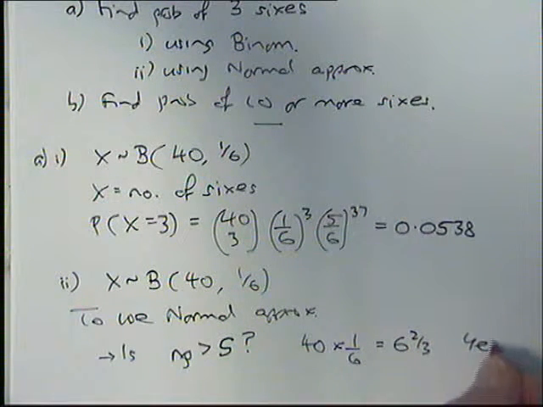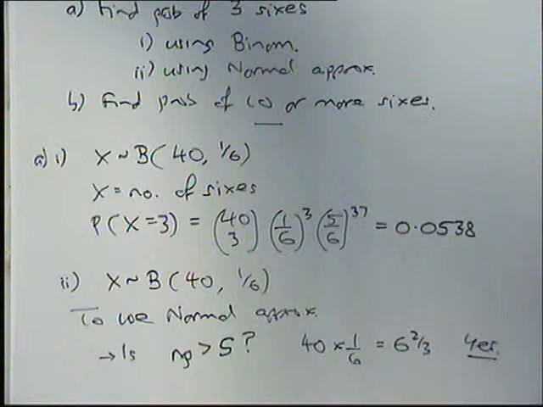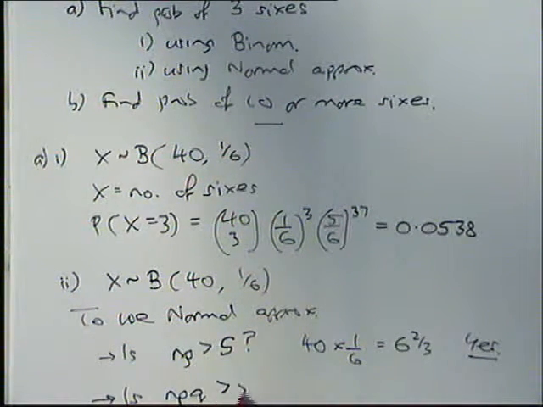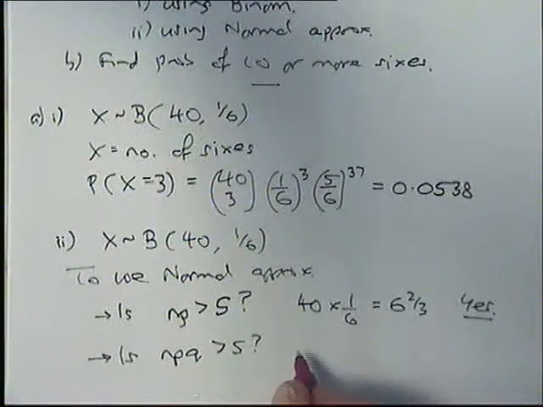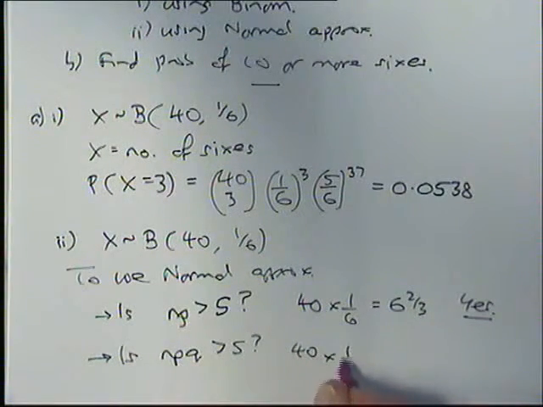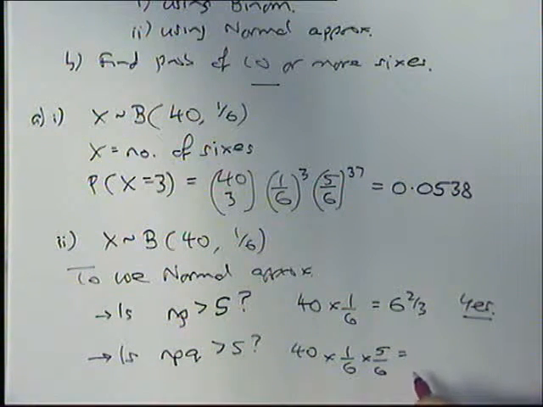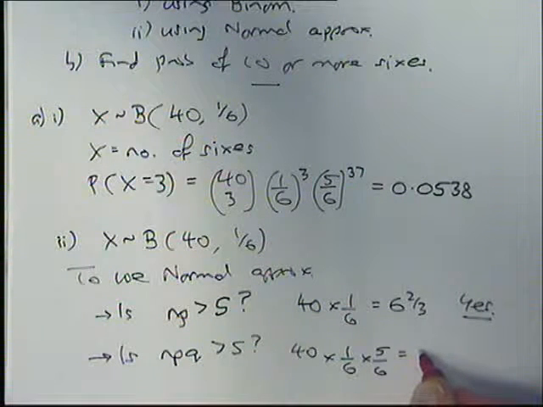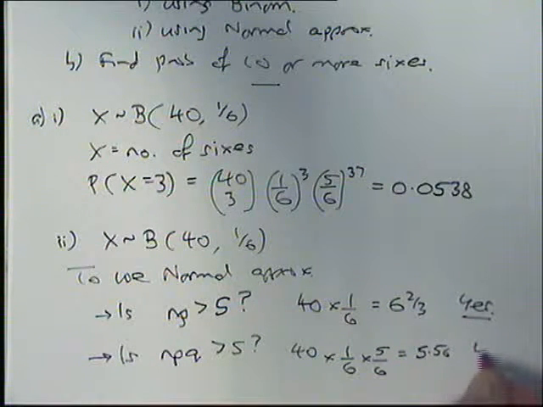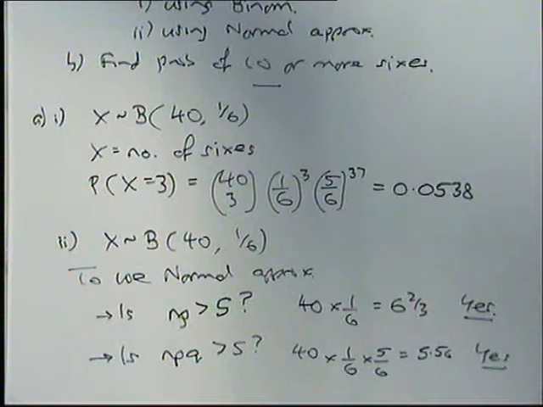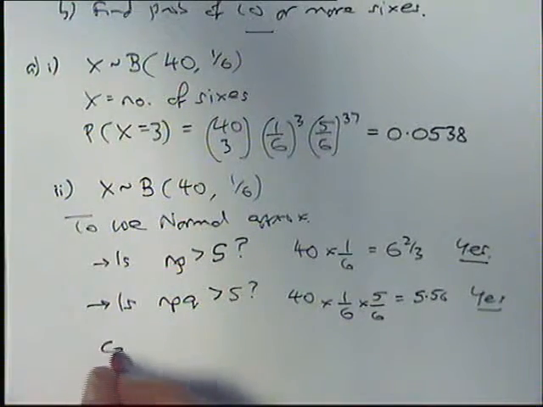So the answer there is yes, it's met that condition. And your other one, you've got to ask yourself, is npq greater than 5? Which is the bit we had before with a 5/6 there. That works out to be 5.56. Well, that's greater than 5 as well, so that's yes. Because of that, we can use a normal approximation.